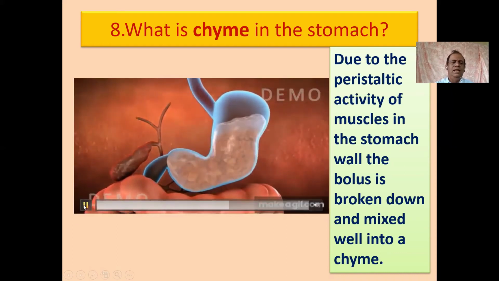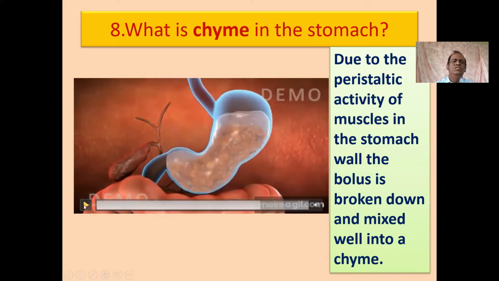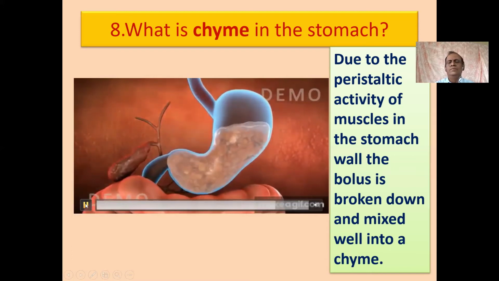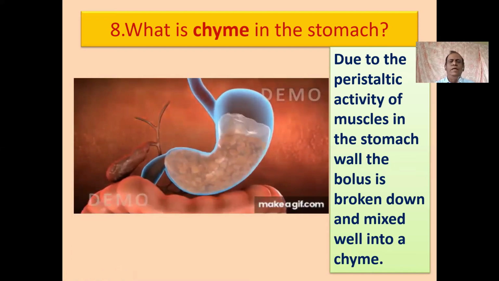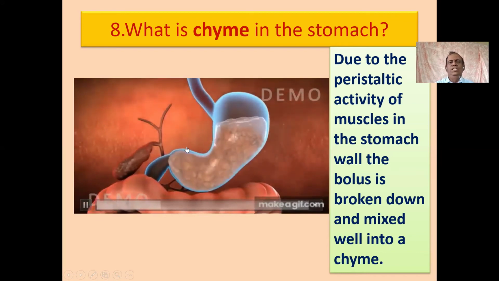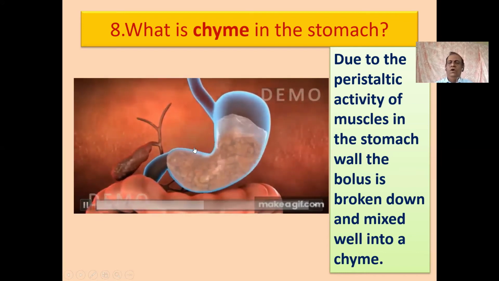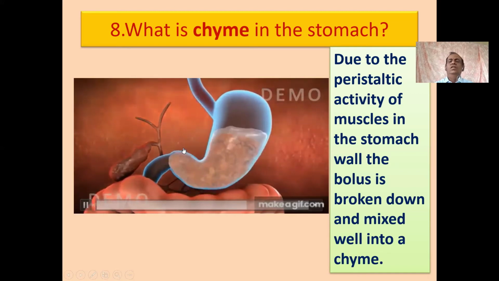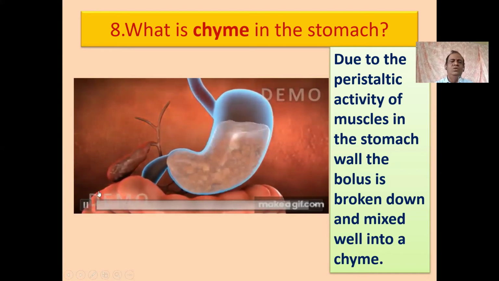Here it is a liquid mixing well. You see some movement also. That is a peristaltic movement controlled by the autonomic nervous system. So what is chyme in the stomach? Due to the peristaltic activity of the muscles in the stomach wall, the bolus is broken down and mixed well into chyme.